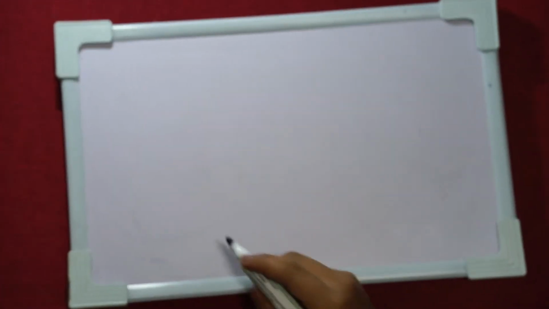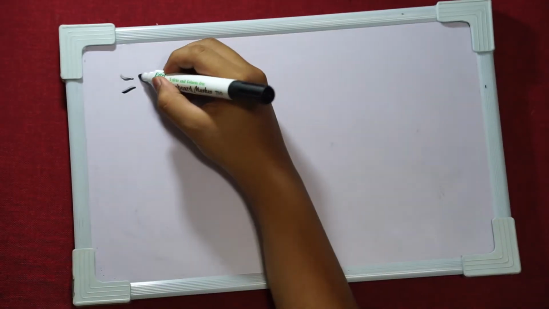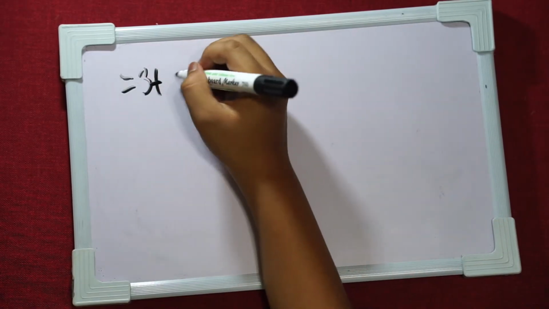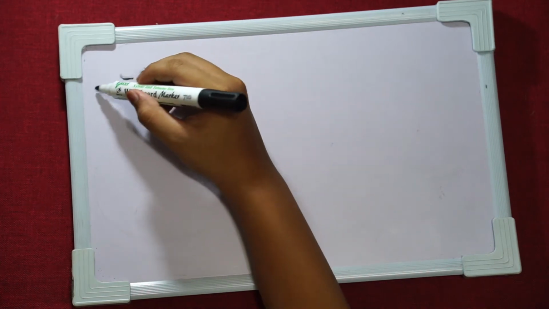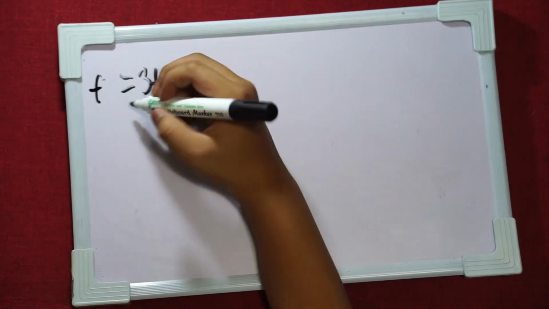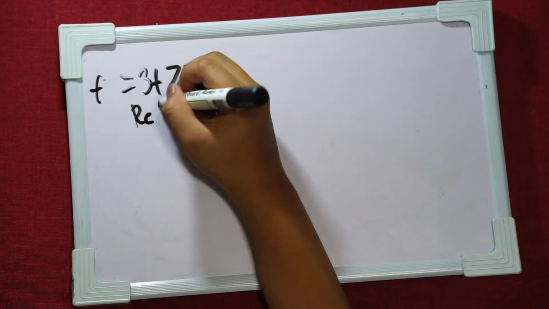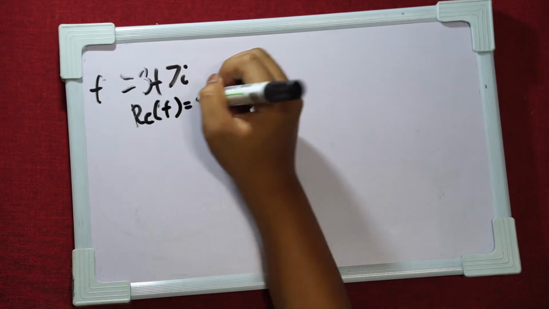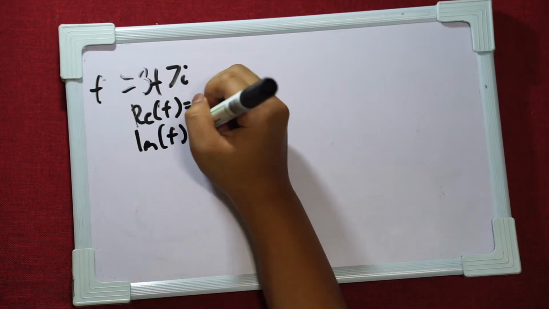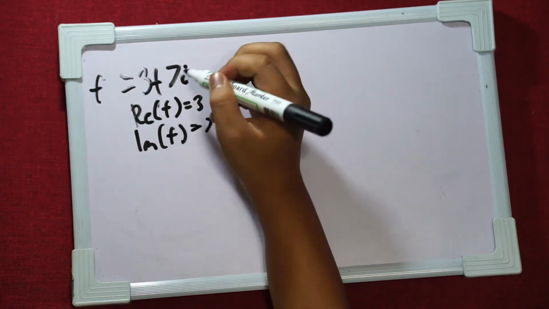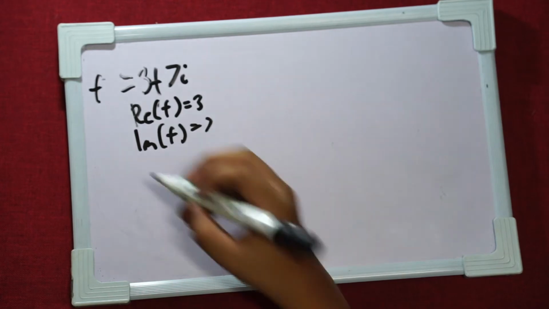Now I'm going to give you 2 more examples. So 3 plus 7i, we could call this f, and the real part of f is 3, and the imaginary part of f is 7 because the multiple of i is 7.